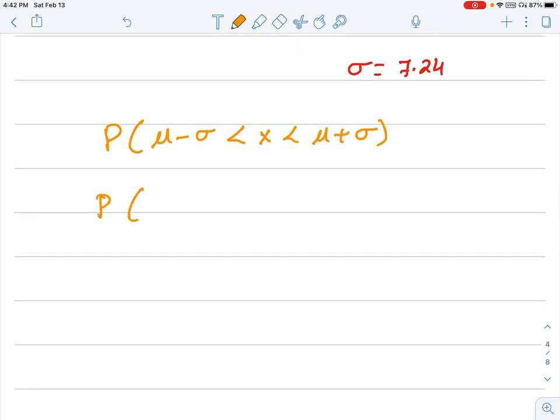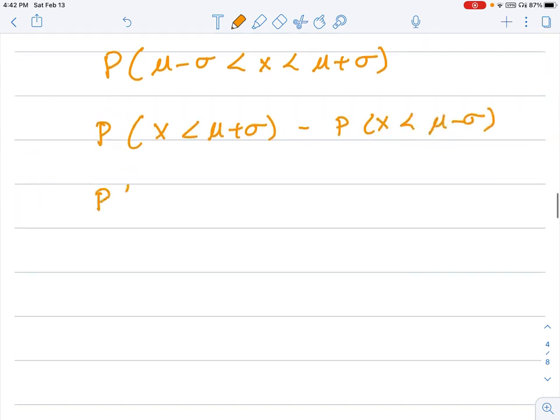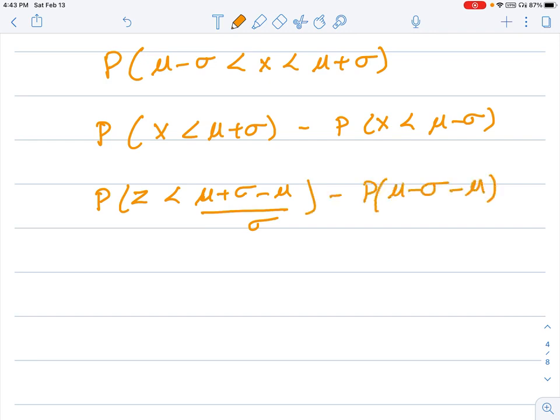So what am I going to do? Every time, second one minus the first one. Convert x into z: z equals x minus mu over sigma. So mu plus sigma minus mu upon sigma, minus mu minus sigma minus mu upon sigma.